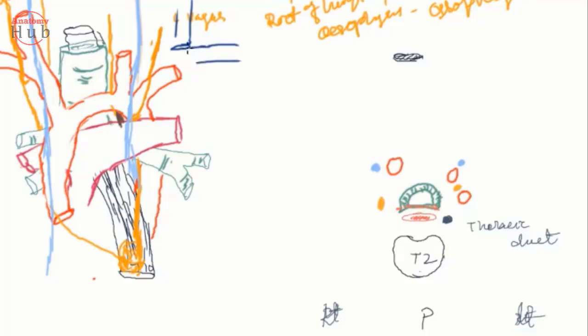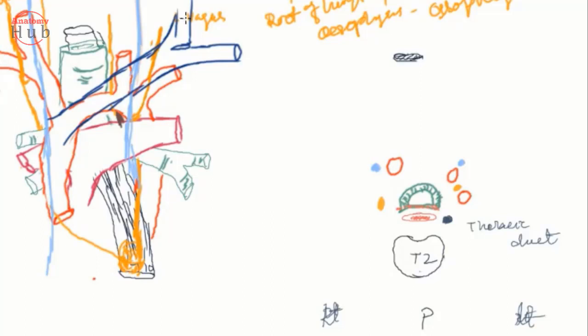This internal jugular vein and the subclavian vein unite together and make a trunk over here. So this is your brachiocephalic vein. This brachiocephalic vein is coming towards the right side, and here you will find the presence of your, what is this one?